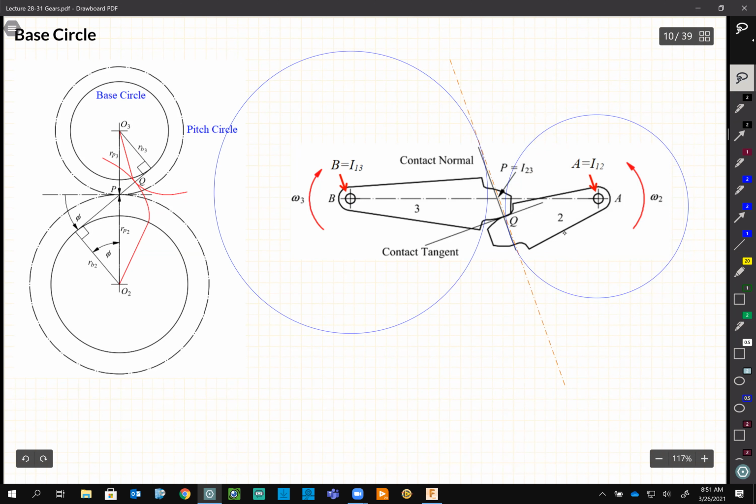Where they come from, center at A and B, and they are tangent to this normal. And these two circles are also important circle, which we can base many of our calculations there. And you will see them on this picture on the left. Now you see the difference between pitch circle and base circle. And again, I emphasize they are not the outside or inside edge of a gear that you can see.